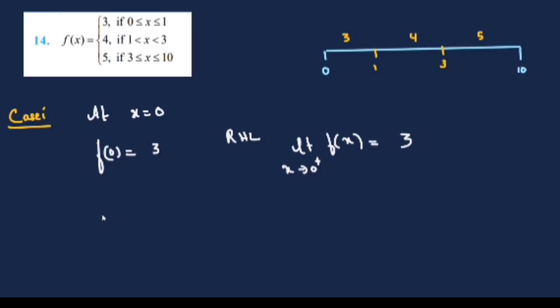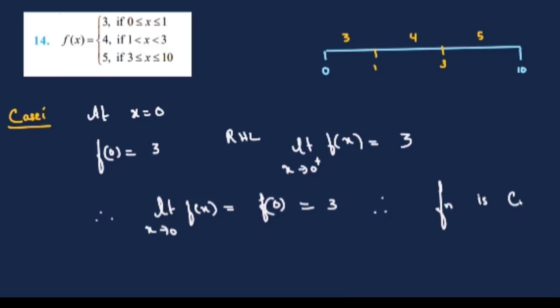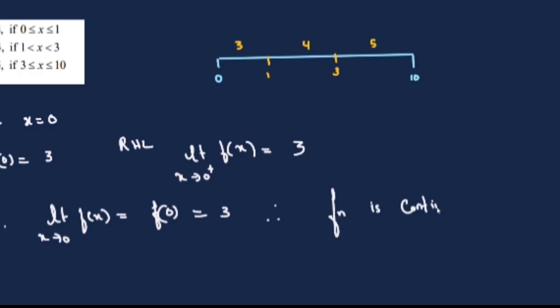Okay, so the limit at 0 is equal to the functional value, that is equal to 3. Therefore the function is continuous at x is equal to 0.